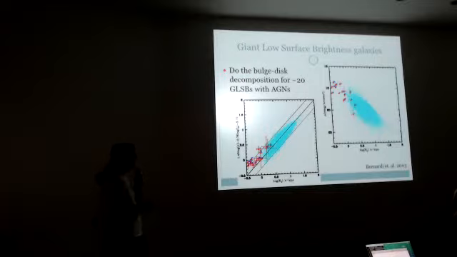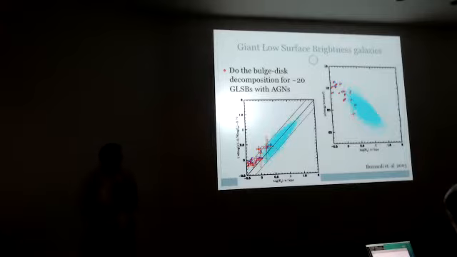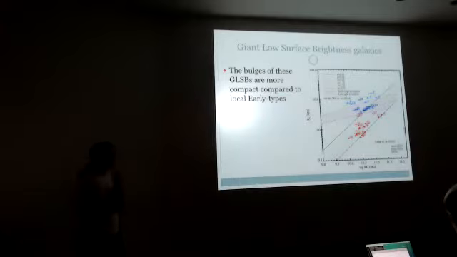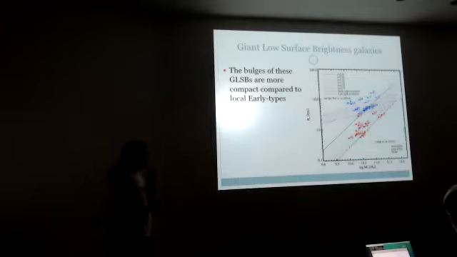So the red points are the properties of the bulges of these giant low surface brightness galaxies, and compared to the local early type galaxies, it looks like they are preferentially more compact. And when we plot them in the size-mass diagram, it also looks so.